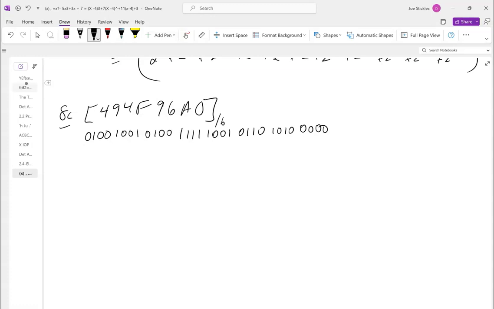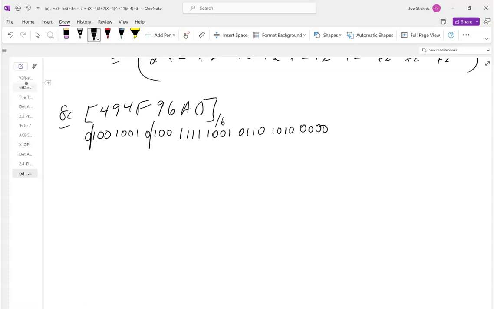If we separate your exponent from your mantissa, right? Here's your sign bit. So the number is positive. 1, 2, 3, 4, 5, 6, 7, 8 is the exponent, right? The rest is your mantissa part.